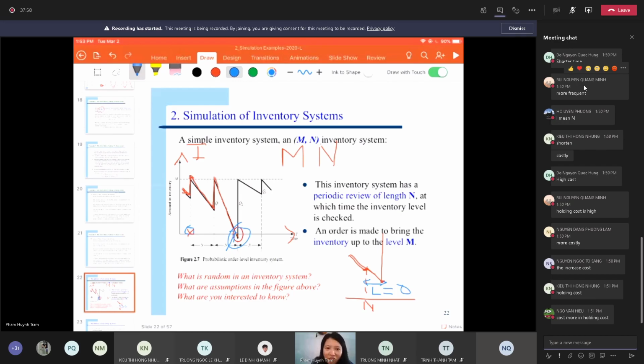The inventory policy we refer to here is the periodic review. How many days we should review, and let's say we also determine what is the maximum stock we need to keep. All right, so that is the purpose.